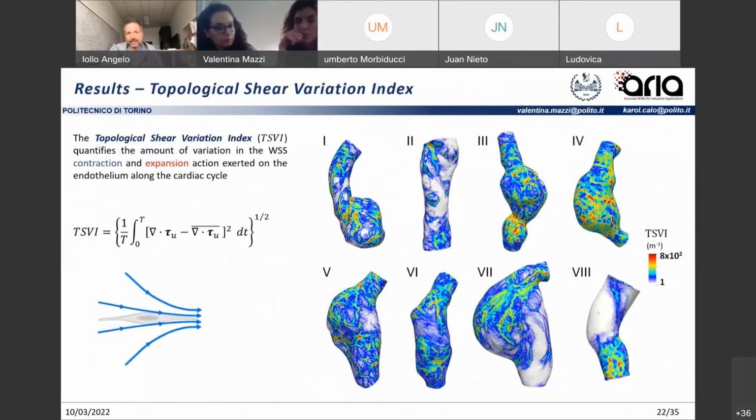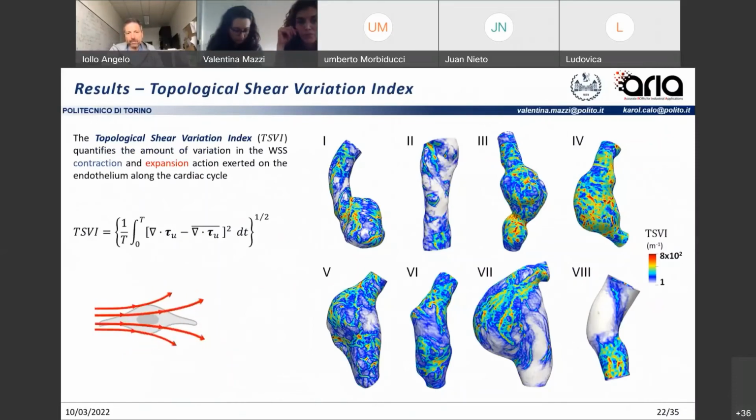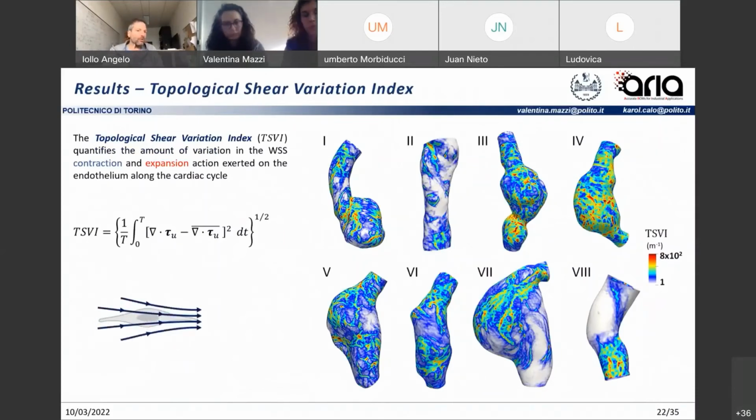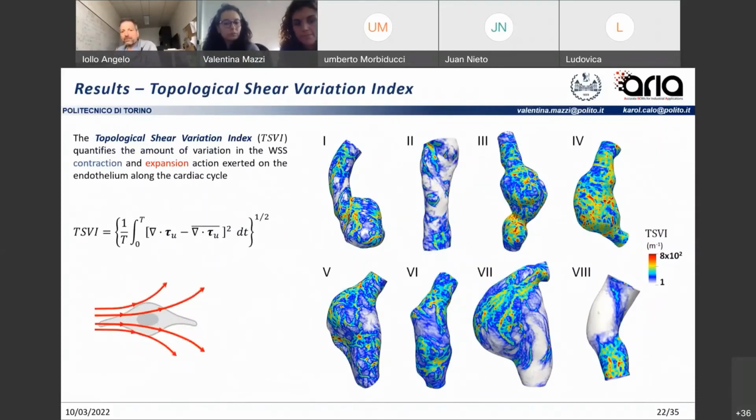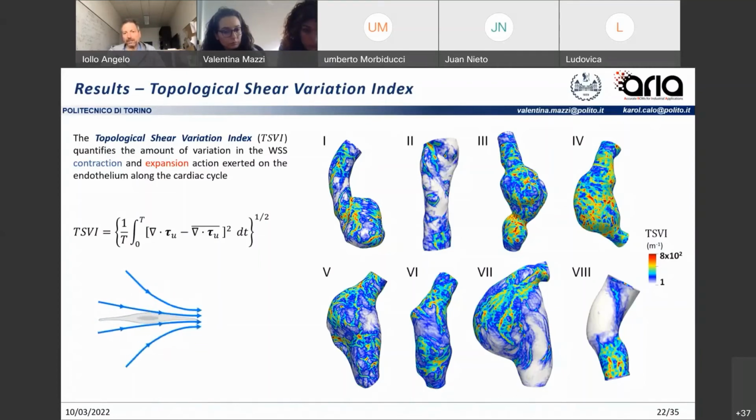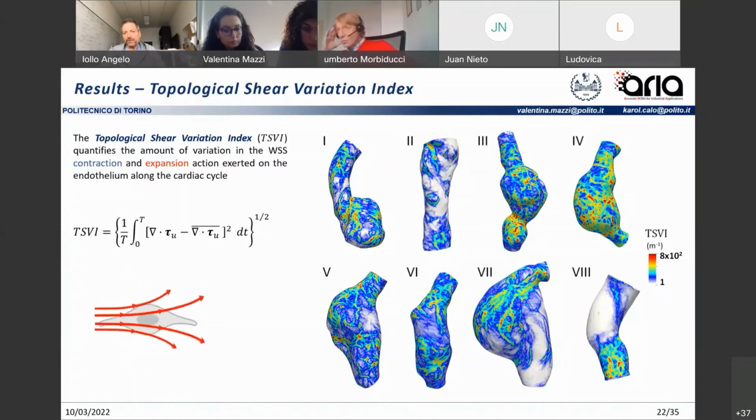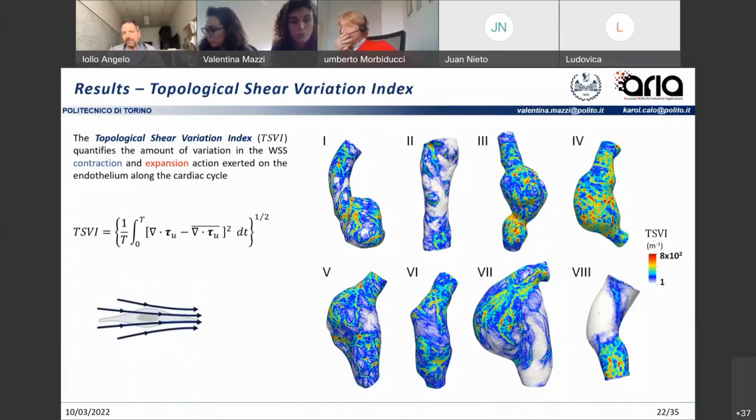Relative to the question that Umberto posed to Ludovica half an hour ago, the idea is that once we get the encoded values, the latent variables, for each of those aneurysms, the plan is to get the surface plot that we are seeing here directly as a function that has been learned from a database.